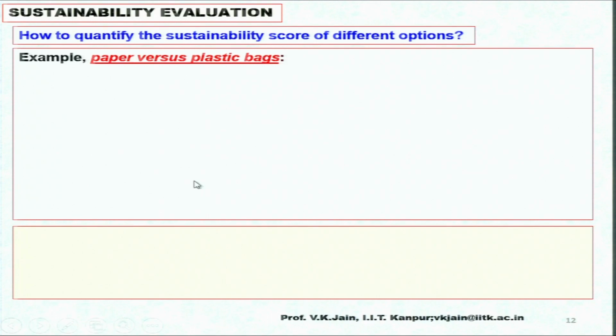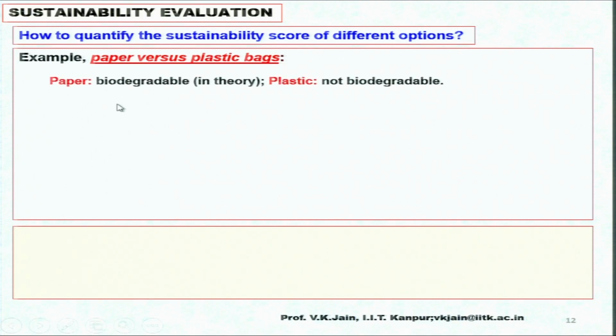Example, paper versus plastic bags. So paper is biodegradable theoretically, plastic is not biodegradable. So there is a big problem in all the countries, the pile up of plastic bags and plastic material which are not biodegradable.